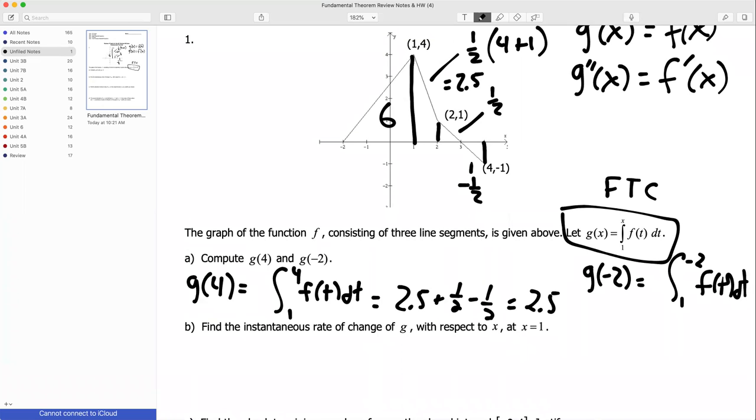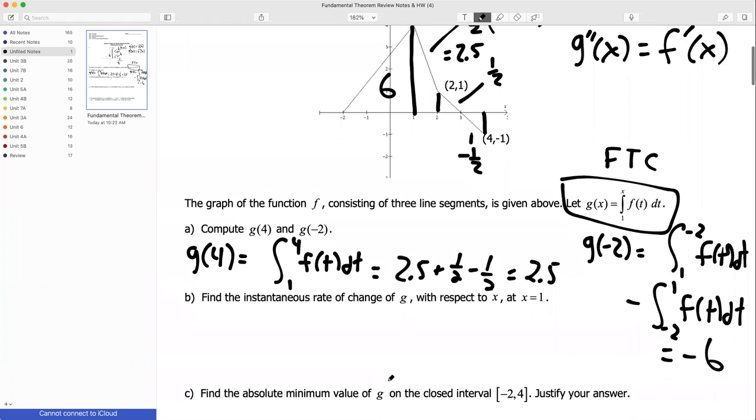So I need to switch the bounds and make it negative, which means I have an area of -6. Okay. Any questions on the first part there? Okay. Part B.